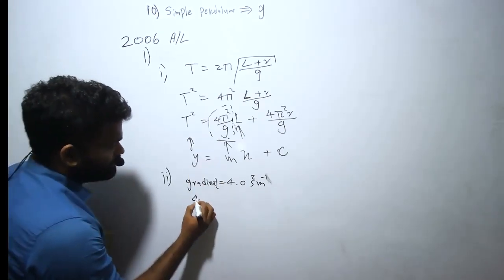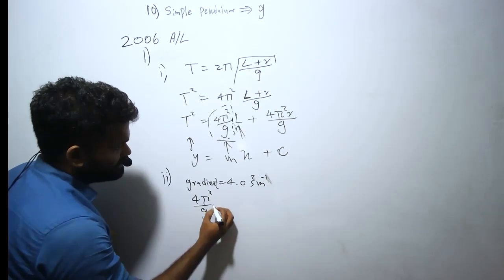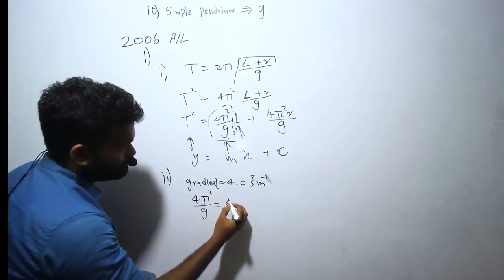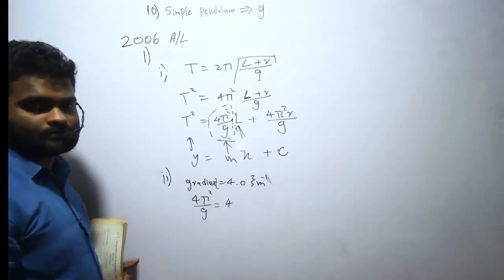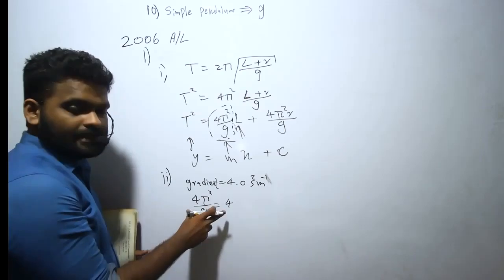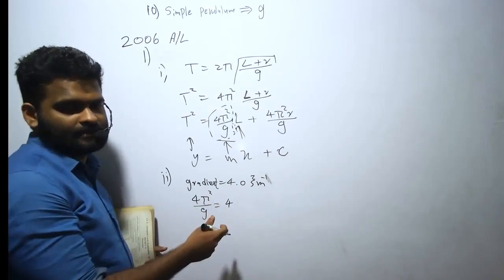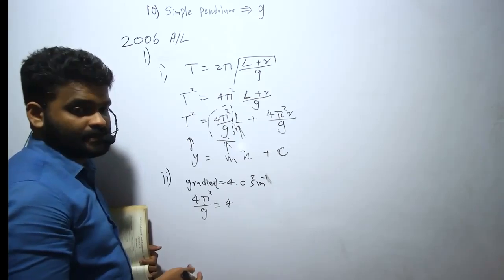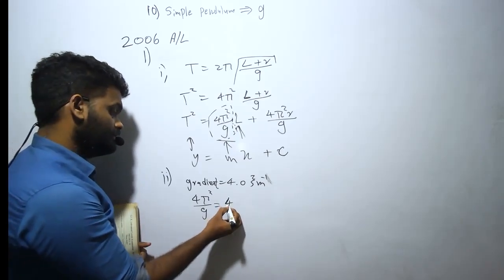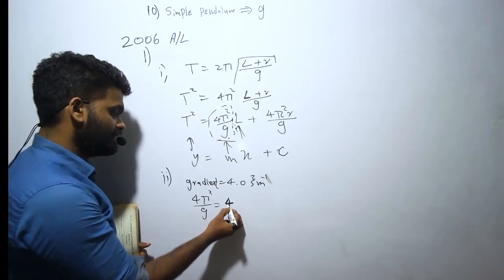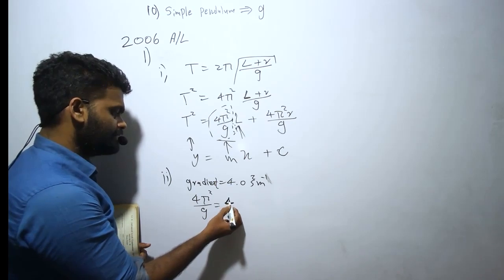So 4 pi squared divided by g equals 4. These simplifications are easy, right? They don't make it complicated. Simplification is easy. But in some cases they might give a complicated one, but rarely, right?